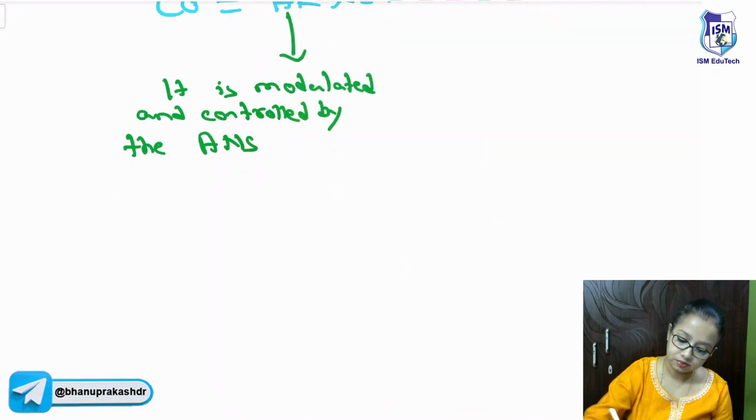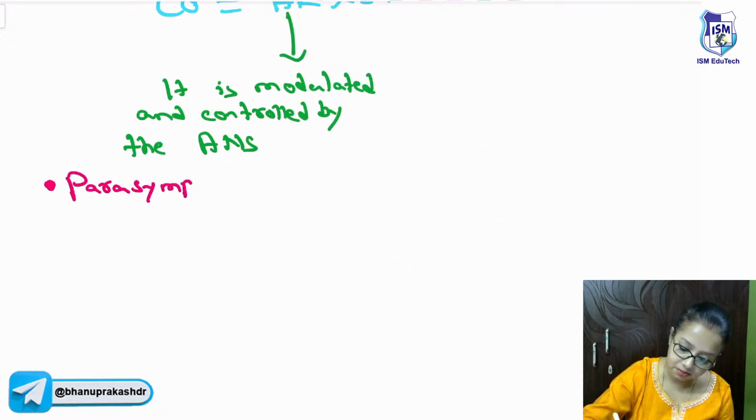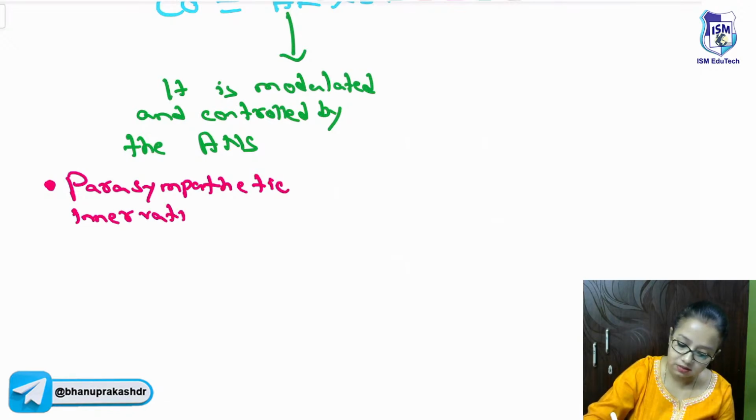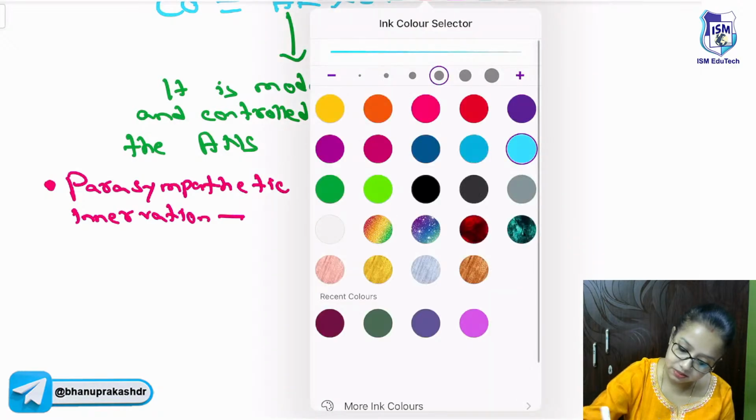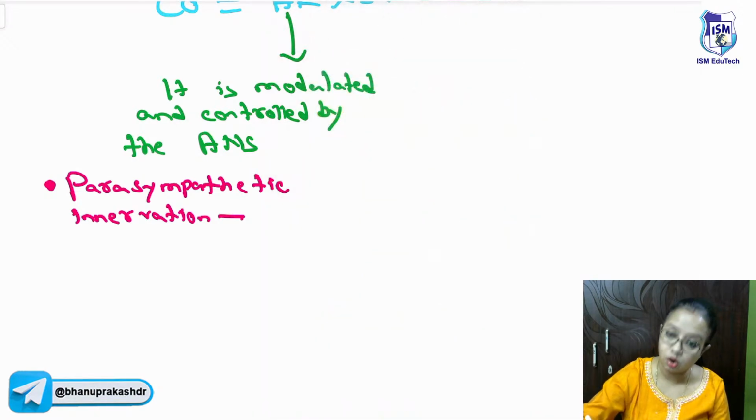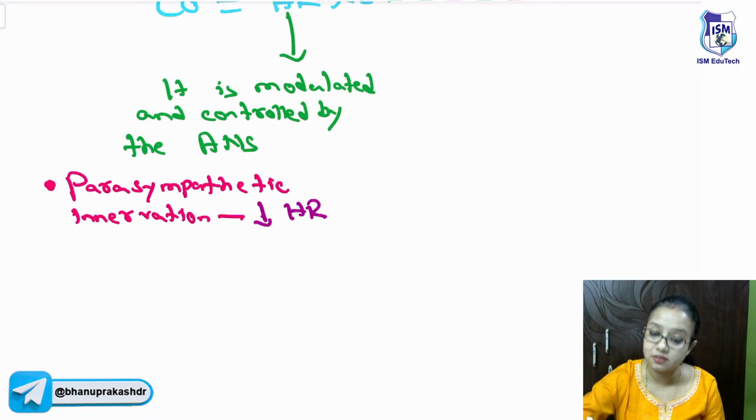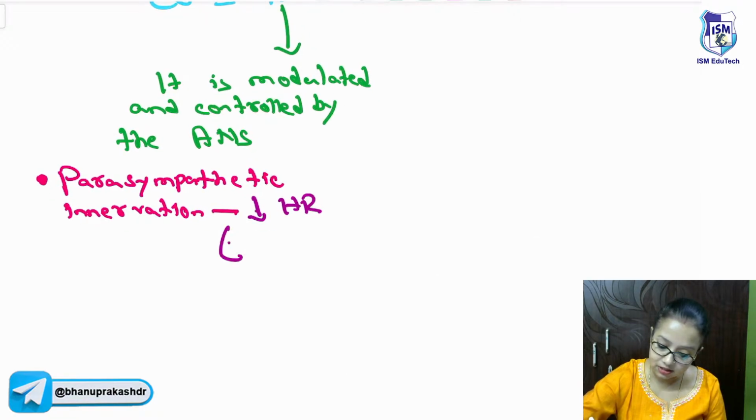So, parasympathetic innervation will always decrease the heart rate, and decrease in the heart rate is called what? It is the negative chronotropy.